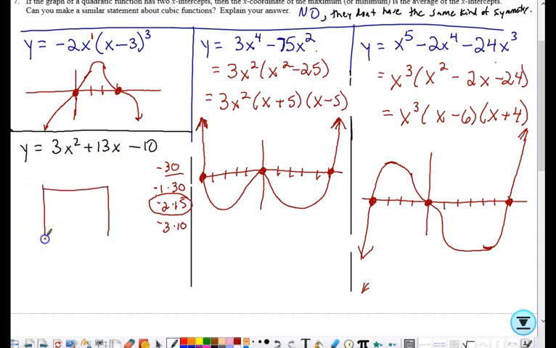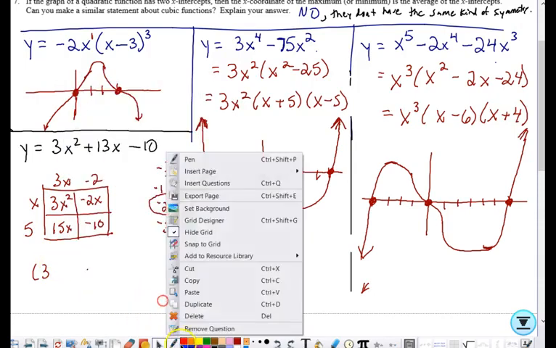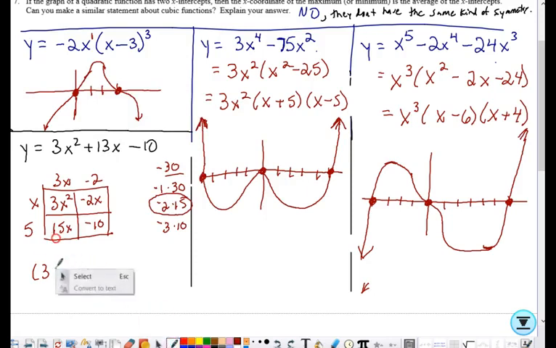So you can box method, you can split the middle. 2 has to be x and negative 2, which makes this 3x, which makes this 5. So we got 3x minus 2x.